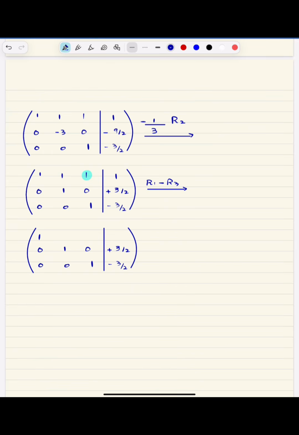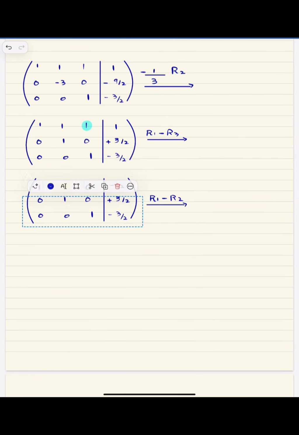A 1 minus 0 is just a 1. 1 minus 1 is a 0, and 1 minus a half is a minus half. This is the last number that we need to convert into a 0. Now use row 2, so row 1 minus row 2.